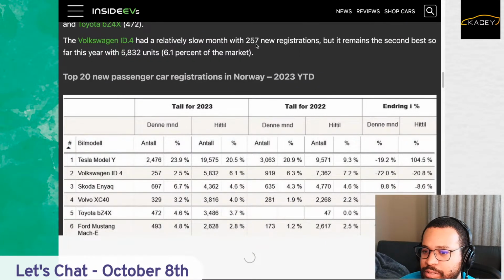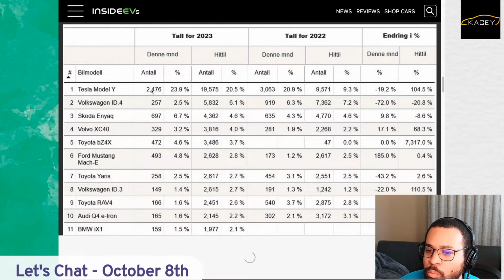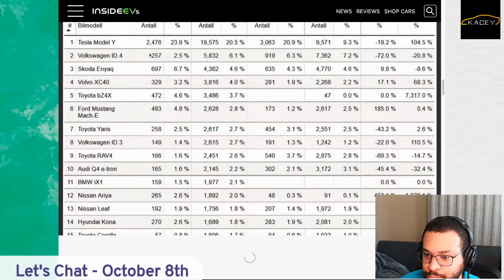ID4 had a relatively slow month with just 257 new cars, but it remains the second best so far this year with 5,832 units, or 6.1%. Wow.